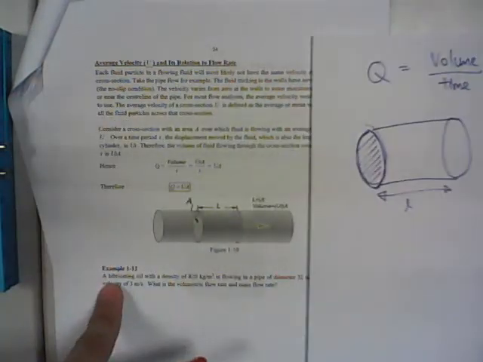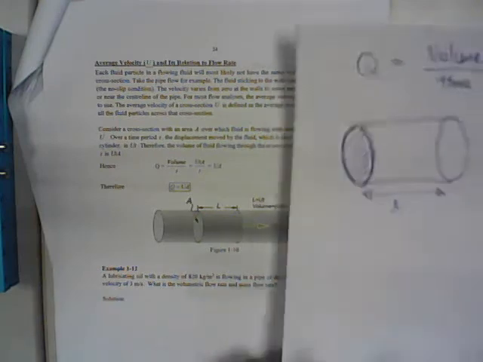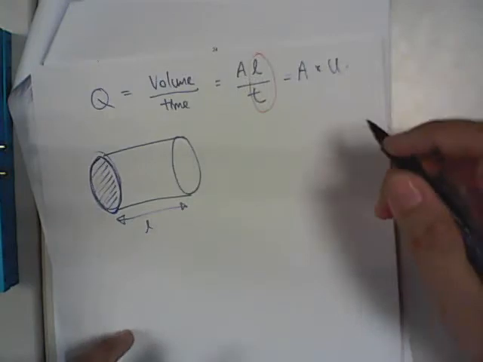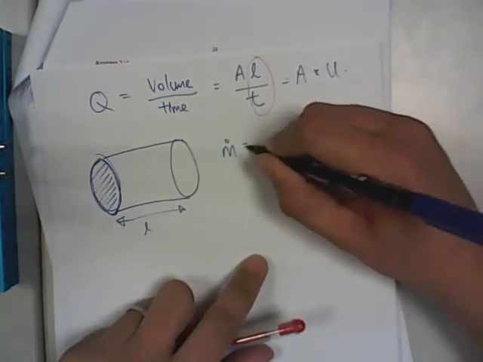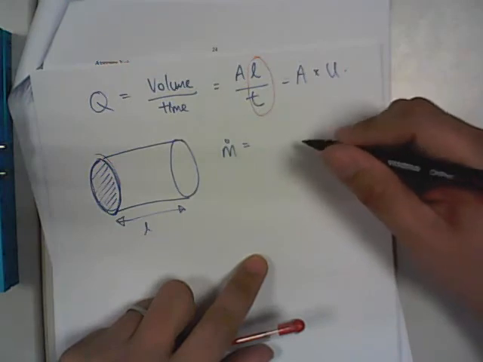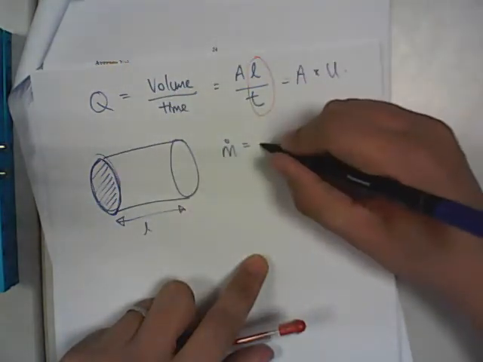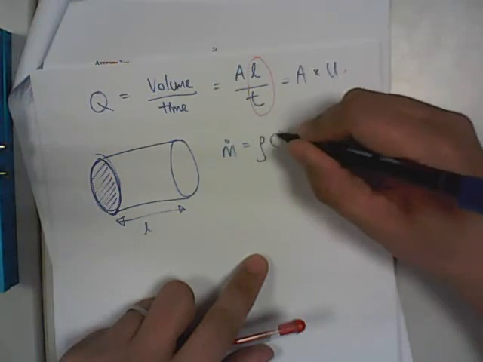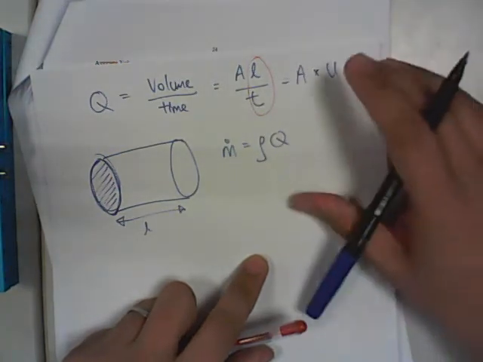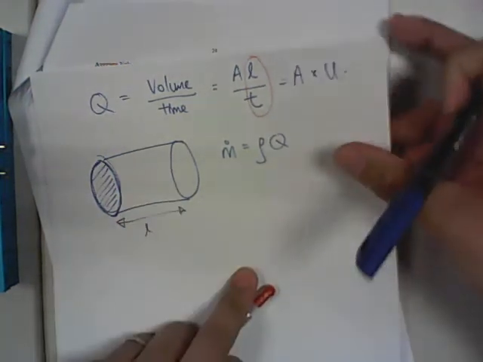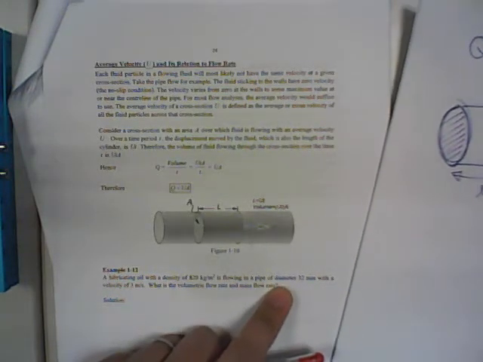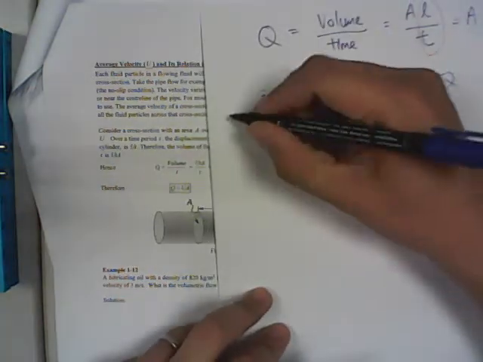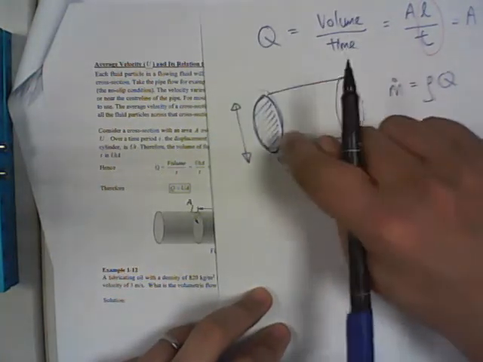So if we look at example 1-12. Before I go there, we also learned that mass flow rate, kilogram per second, is related to Q simply by multiplying Q by the density of the fluid flow. Here in 1-12 we are given the density, the pipe diameter, and the velocity, which means we can make use of this diagram.